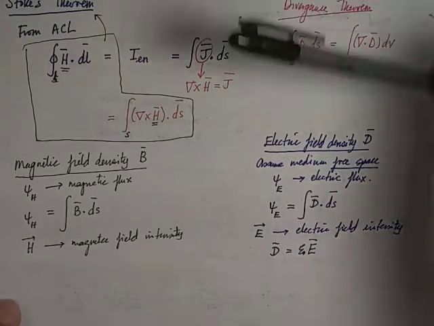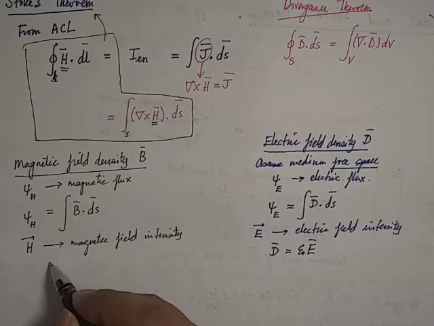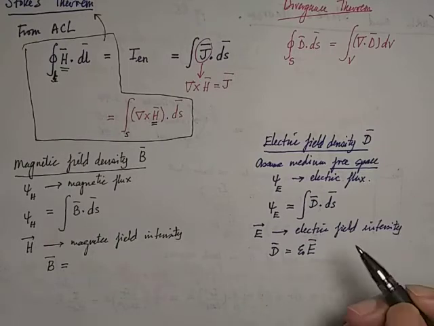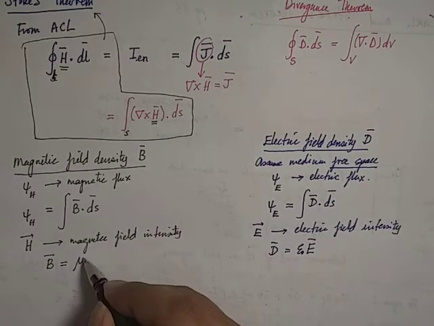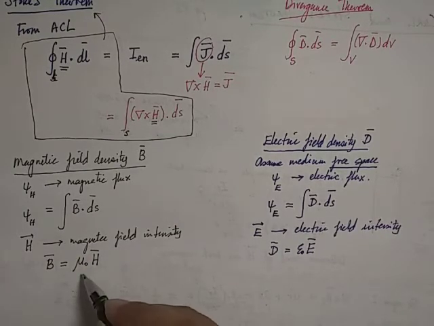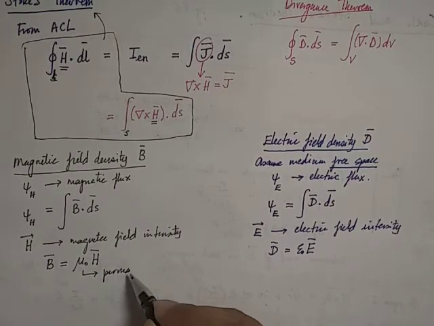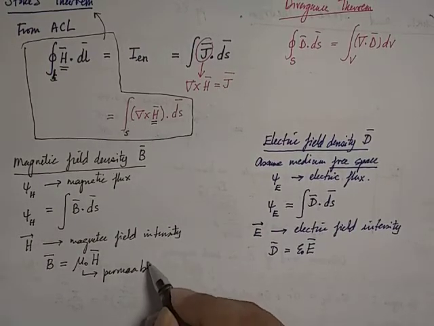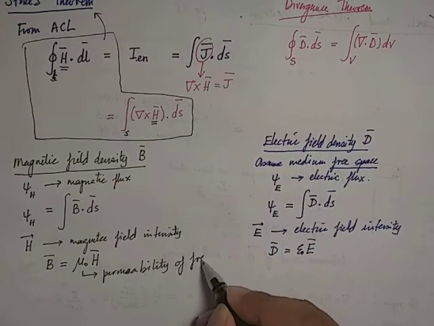Similarly, if I want to relate H to B, I can say that B is equal to, okay, now we have used a different parameter, mu naught H. Mu naught here is known as the permeability of free space.